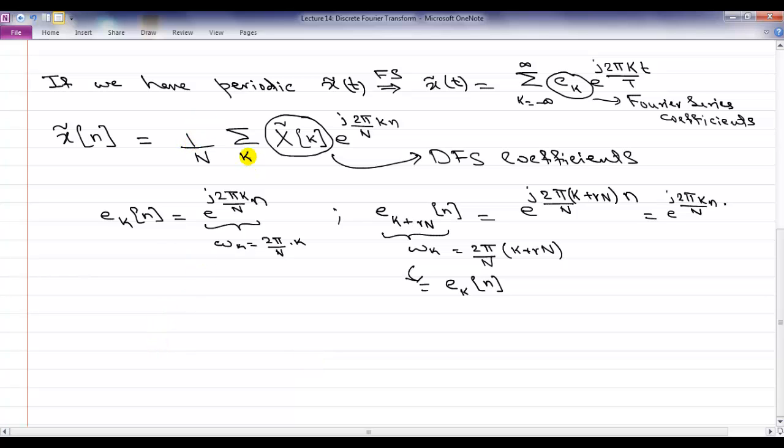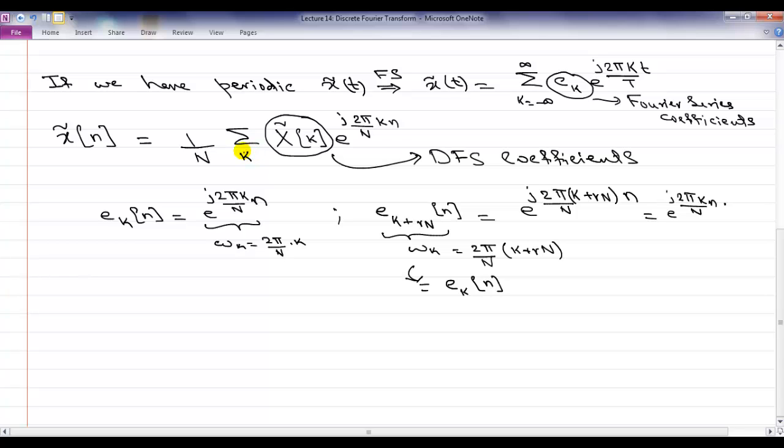So actually the summation here, you can put any consecutive k numbers. Okay, I could put k equal to minus n minus 1 and consecutive n numbers. So I can put k equal to 0 to n minus 1.